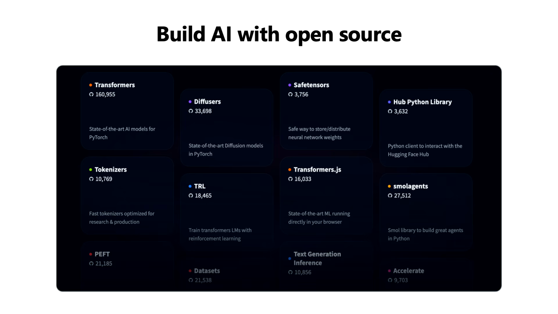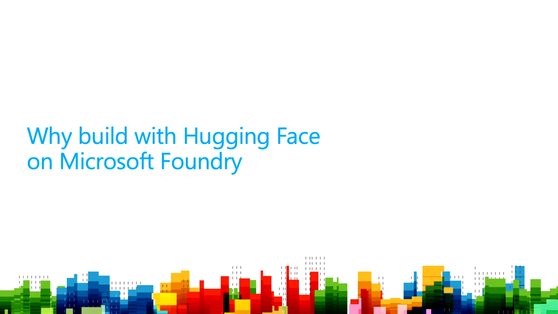We have a whole ecosystem for you to do inference, post-training, reinforcement learning, etc. So we have the open source, we have the models, but if you want to build an app and scale it to production, there are a lot more challenges that you need to solve. And that's where the partnership with Microsoft and what we're building into Microsoft Foundry really comes into play.